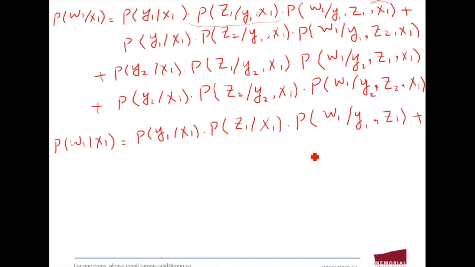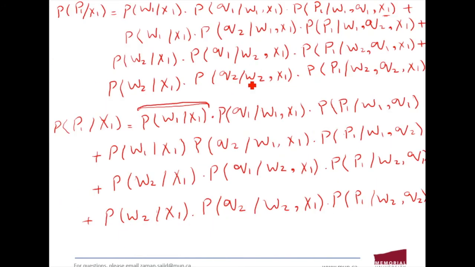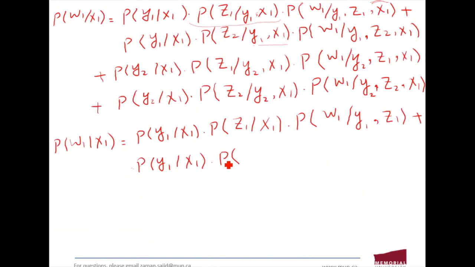Plus the same Markovian condition apply in the second term. So we will have the probability of Y1 given that X1 times the probability of, now in this term again I can ignore my Y here because Z has the parent of X, not Y. So I can write it down as Z2 given that my X1 because Y is not the parent of Z, so I can ignore that.